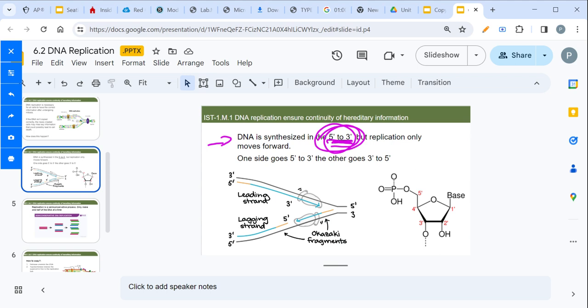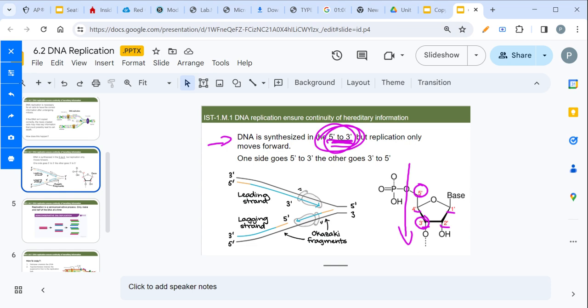And if we do not remember, 5 prime to 3 prime just tells us which carbon we're talking about. Are we talking about this carbon here, this one, this one, this one, or this one? 5 prime to 3 prime means that we are going down in this direction from the 5 prime to the 3 prime. So everything goes in that direction. Everything is done 5 to 3.